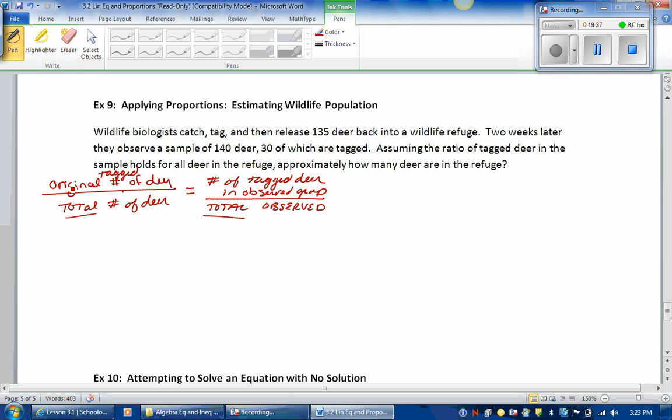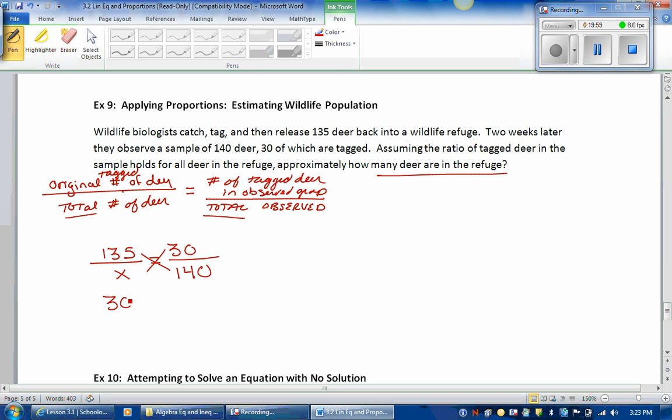The original number of tagged deer was 135. I don't know how many deer we had to start with. That's what we're looking for, how many deer total. In the observed group, we had 30 tagged out of a total number of observed deer of 140.